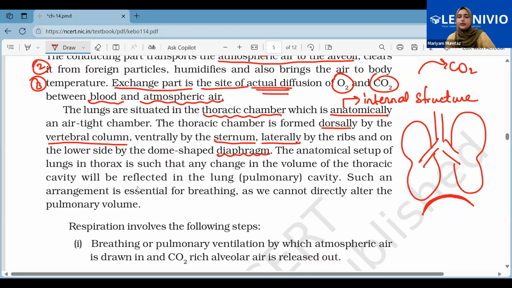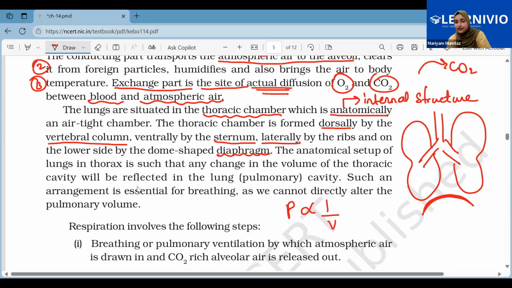No. Okay. See, our whole breathing, or you can say our whole exchange of gas, is based on the principle of pressure and volume and their relationship, meaning how they are connected to each other. For example, pressure is inversely proportional to volume. Do you know the meaning of inverse proportionality? If one thing increases, then the other reduces.